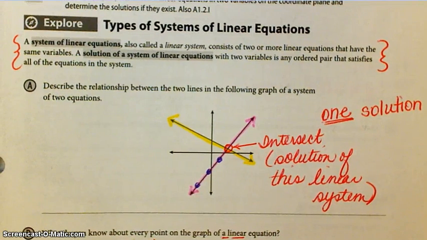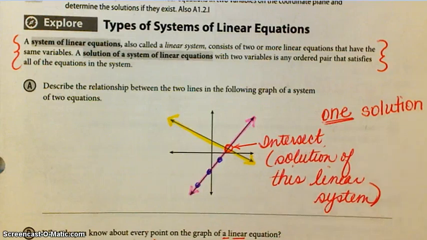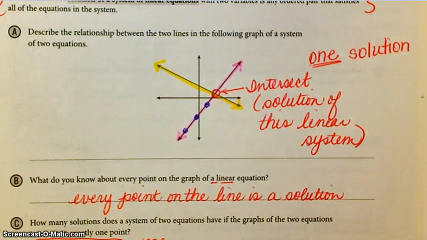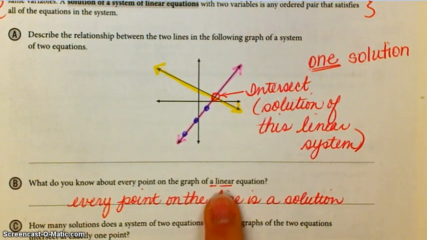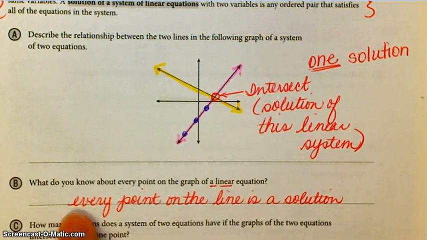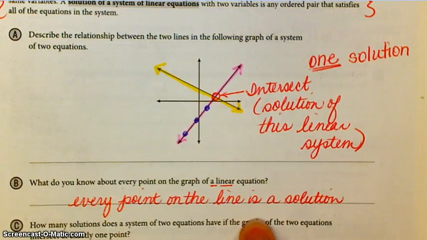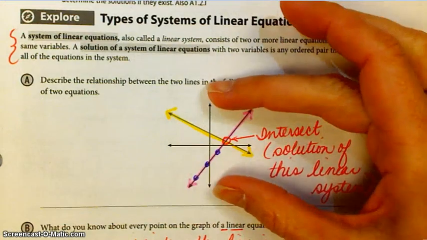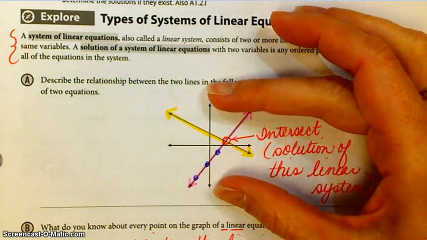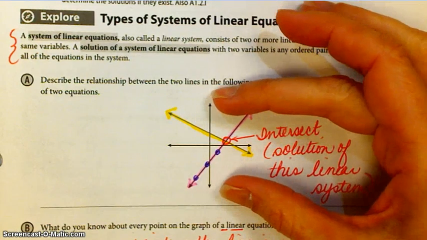All right, B says, what do you know about every point on the graph of a linear equation? Linear equation, remember, we're talking about one line. A linear equation, one line, every point on that line is a solution to that linear equation. So just remember to keep everything straight. This is a system of linear equations because it's more than one line.